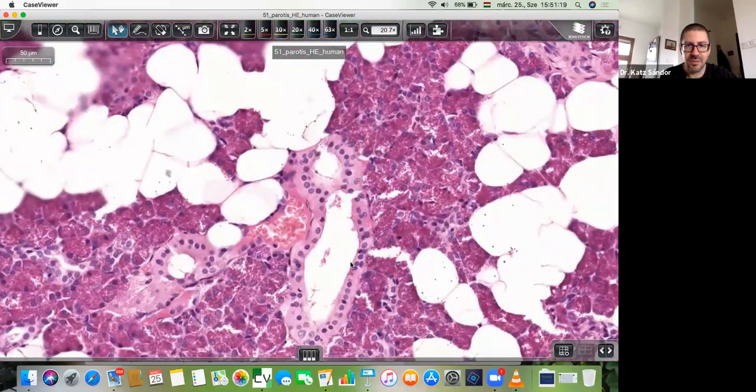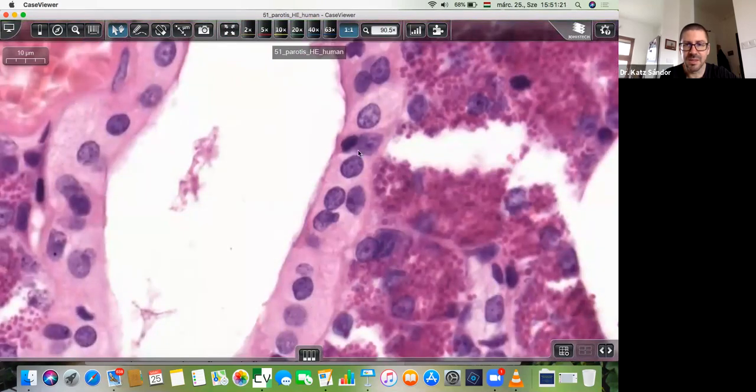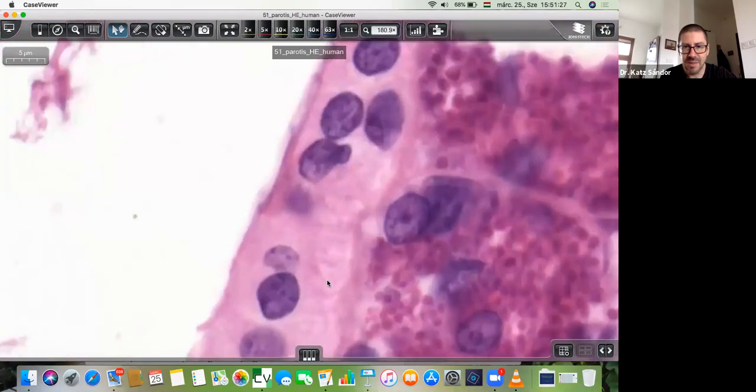Okay, this is a really nice simple columnar lining epithelium. This is a striated duct, and maybe if I raise the magnification, there are some really delicate lines at the bottom of the lining epithelial cells. So this is eventually the basal striation, but it's rarely seen.